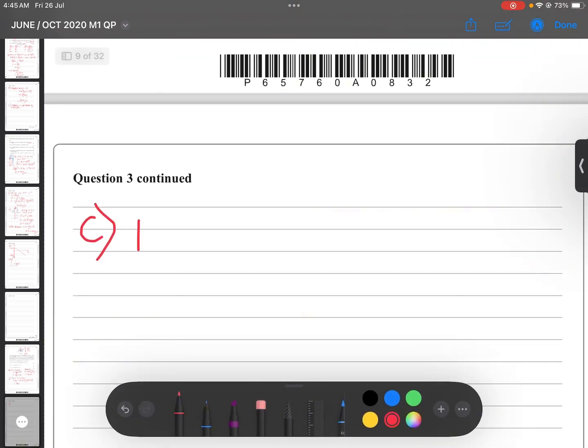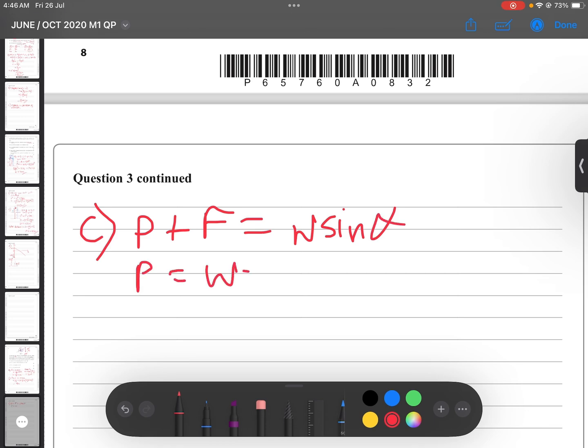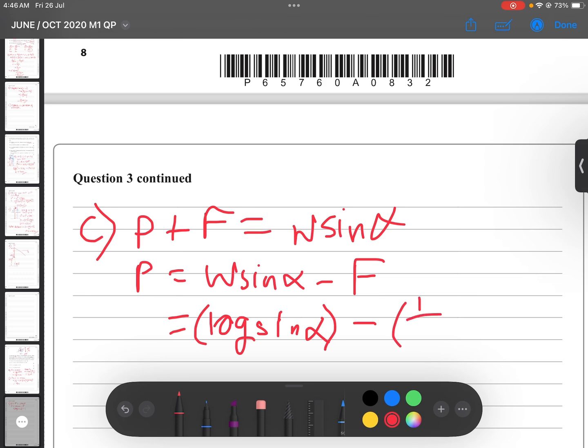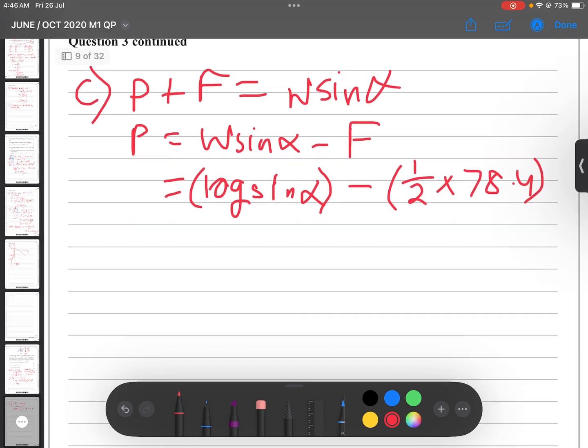So P plus F is equal to W sine theta, so P is going to be W sine theta minus F. Now substituting everything, it's going to be 10g sine alpha minus mu R again, half times 78.4 newtons. And so the least possible value of P we get is 19.6 newtons.